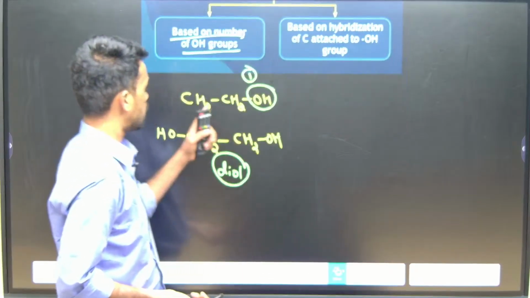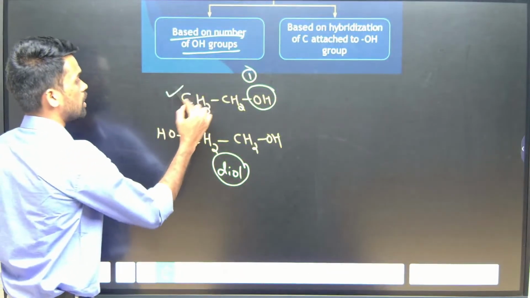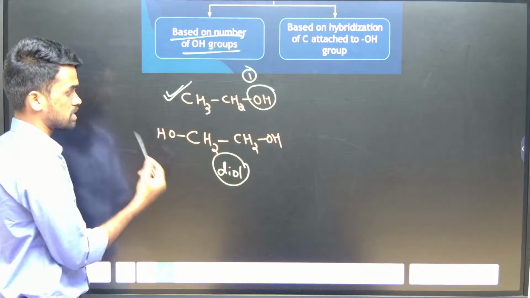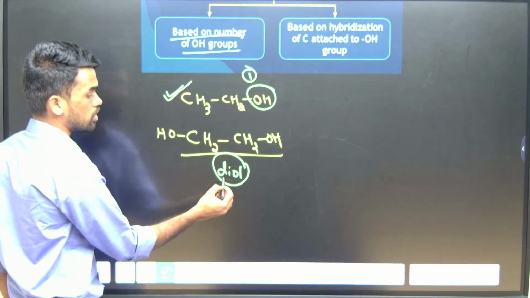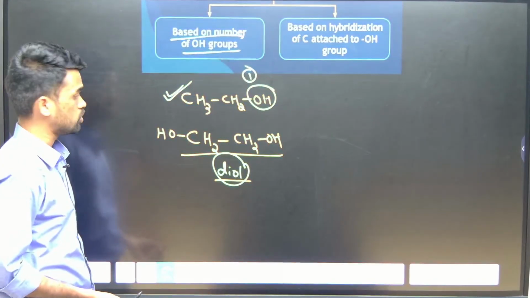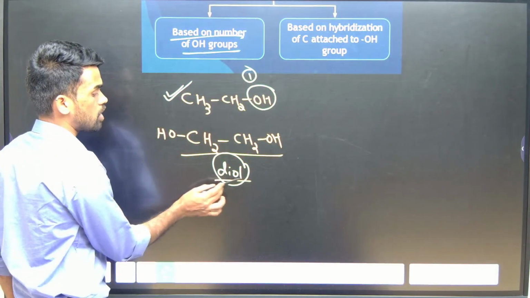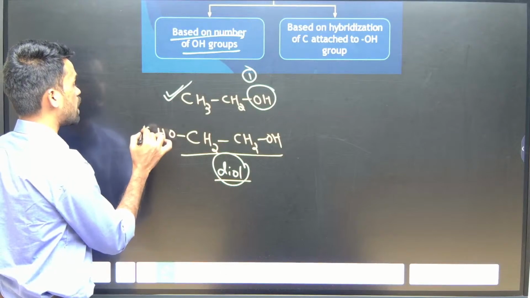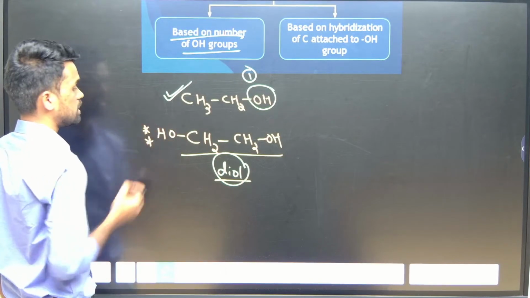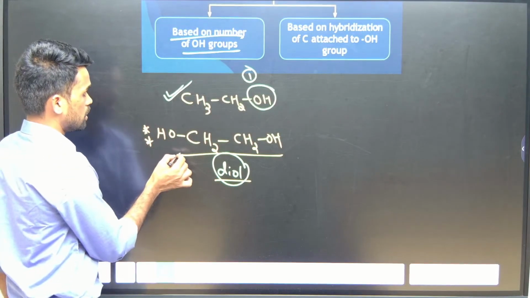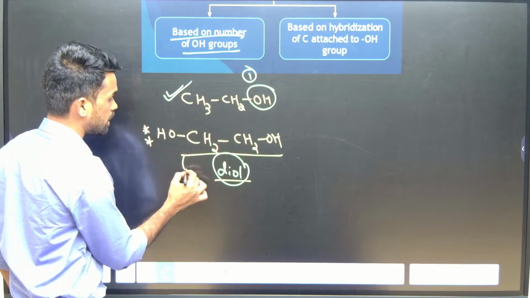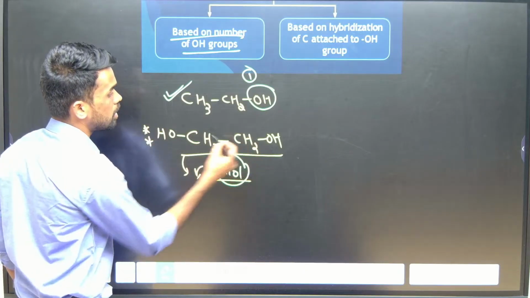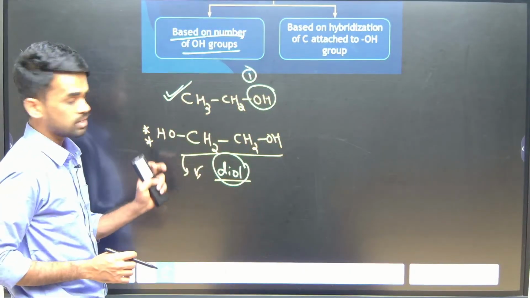This is ethanol, which has daily life applications, as we just discussed. This is ethylene glycol. What is the name of this compound? Ethylene glycol, or ethane-1,2-diol; the IUPAC name is ethane-1,2-diol. It has good applications in synthetic chemistry, and you can remember that in car radiators we add ethylene glycol.